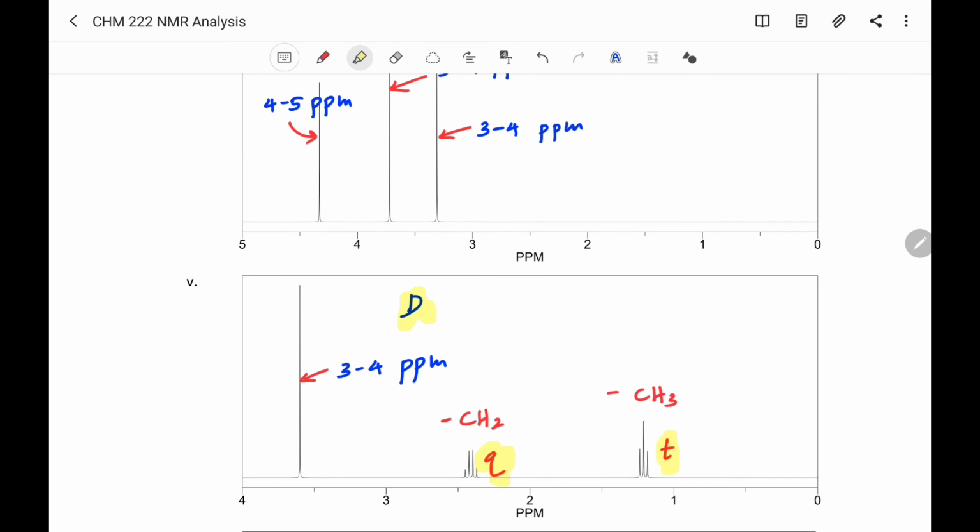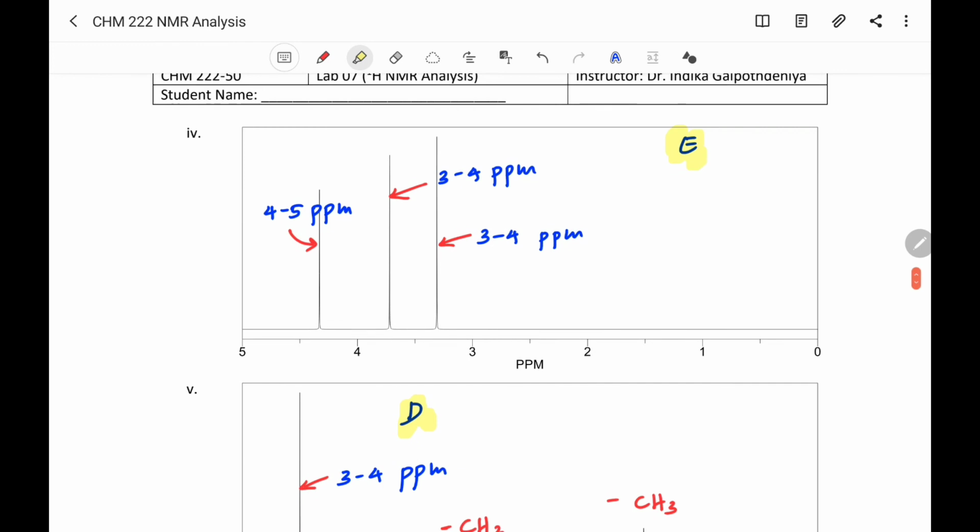We already figured out the other structures with splitting patterns. So D will be the remaining answer, which will have a quartet, a quartet and a triplet. So the splitting pattern itself will give you the answer for this one.